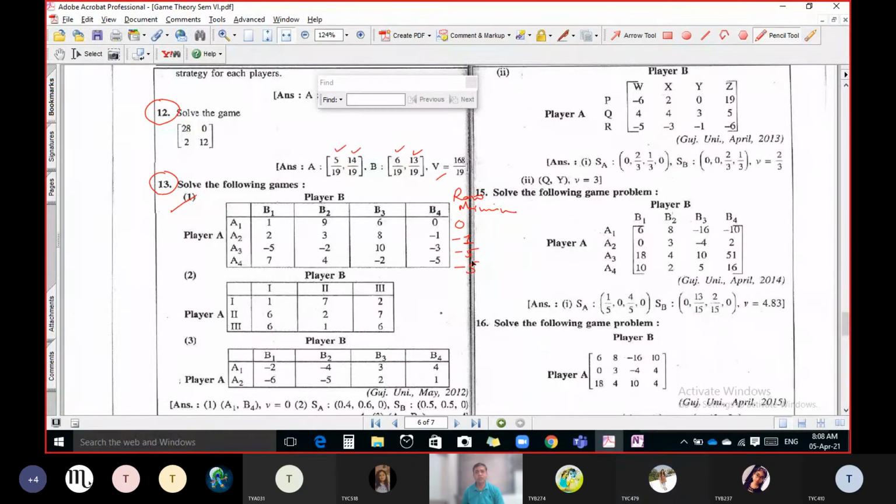And which value do you have to select out of these 4, minimum or maximum? Maximum, 0. Yes, 0 is the maximum. So this is the upper value. Now find the column maxima.